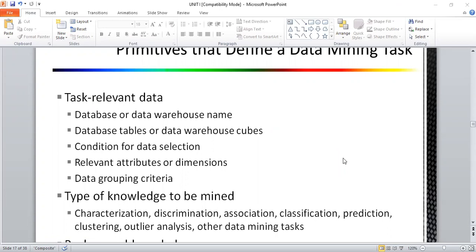In particular, you would like to study the buying trend of customers in India. So rather than mining on the entire database, you can just specify about the customers who are purchasing in India. That kind of information needs to be retrieved.